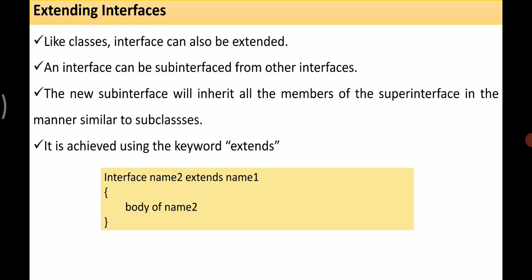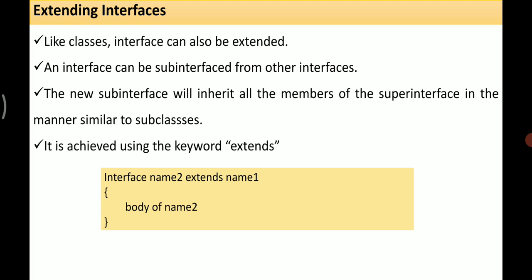So we use interface name2 extends name1, then opening braces, body of name2, then closing braces. Here we use the extends keyword to inherit all the members of the super interface into the sub-interface.